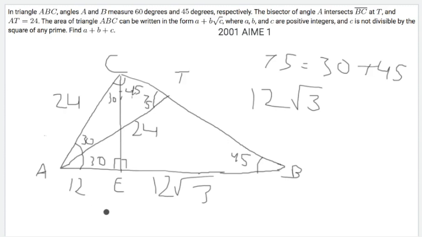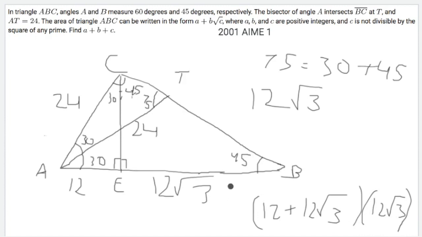We know the base. That's 12 plus 12 square root of 3. We know the height times 12 square root of 3. And the area of a triangle formula is just 1/2 times base times height. So I'm just going to cancel out the 1/2 with the term over here, which makes it 6 square root of 3.